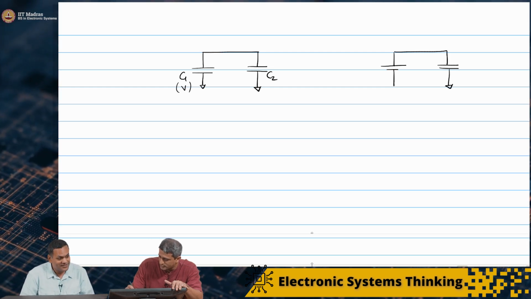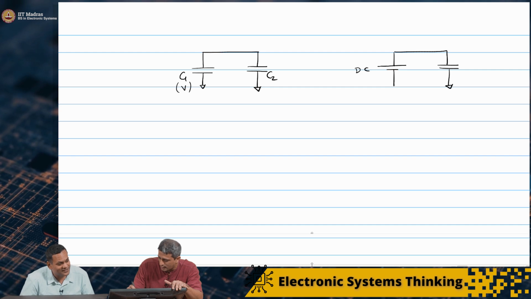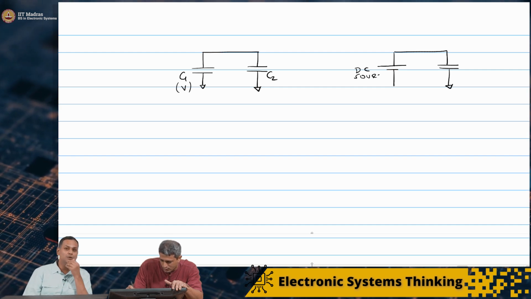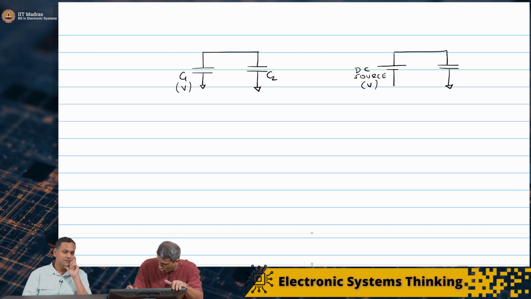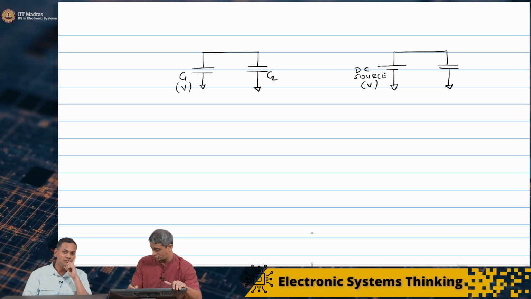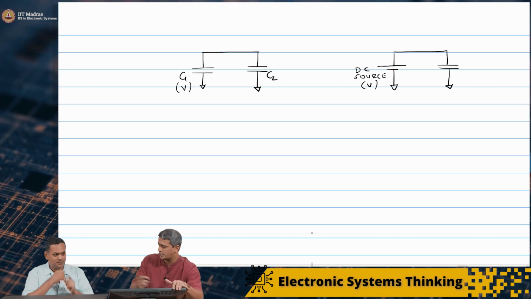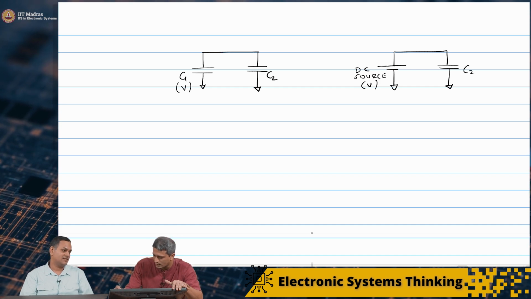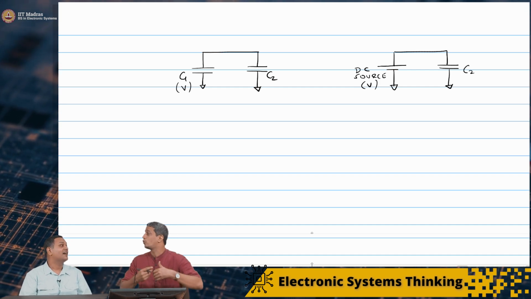I don't think so. A DC voltage source V, because if this were the case, and T3 minus T2 is large enough, C2 should eventually just go to V.